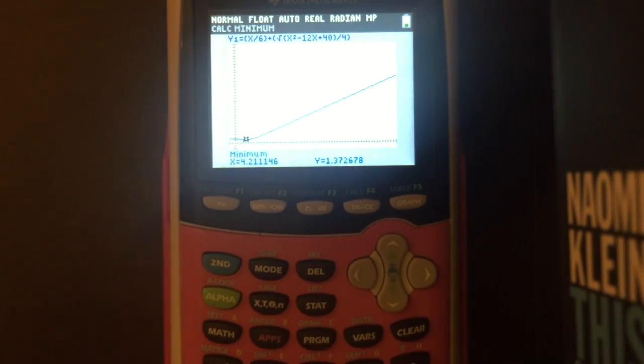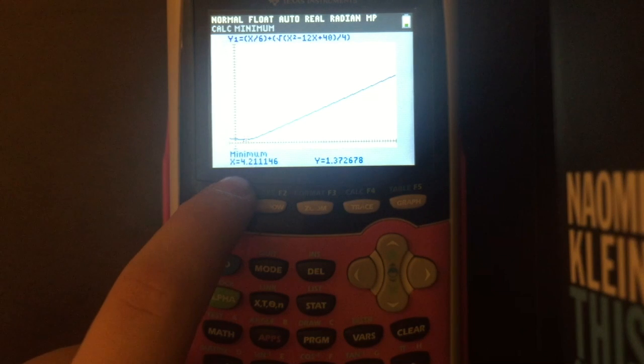If I go back to my equation, which is T of w equals w divided by 6 plus the square root of w squared minus 12w plus 40 divided by 4, I said that w represents my independent variable, or the distance. W equals x.